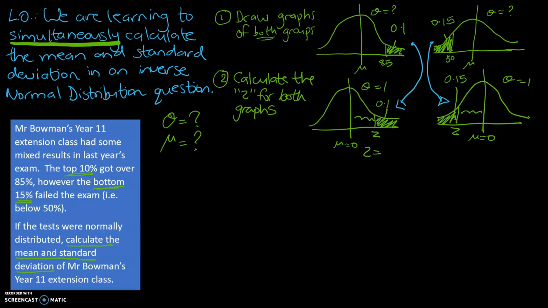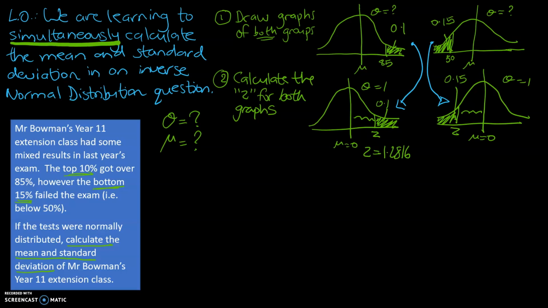If you put that into your graphics calculator, you would have got z is equal to 1.2816. There will be a video in the link below that describes how to convert this type of graph to an inverse normal question if you are having issues with a skill.